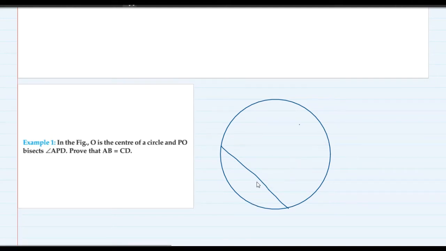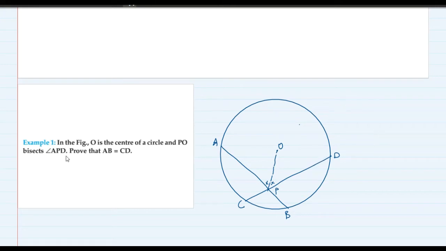Okay, so this is AB and this is CD. They intersect at point P. This is the center of the circle O, and we know that OP bisects angle APD. We have to prove that AB is equal to CD.